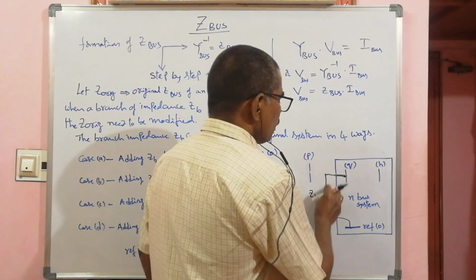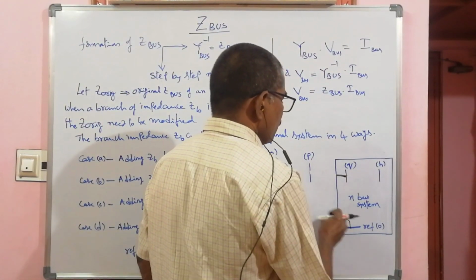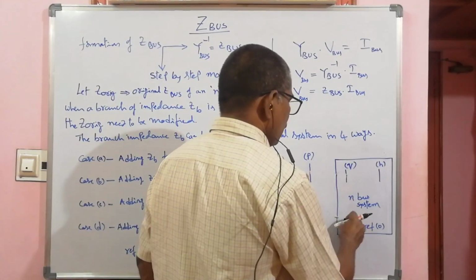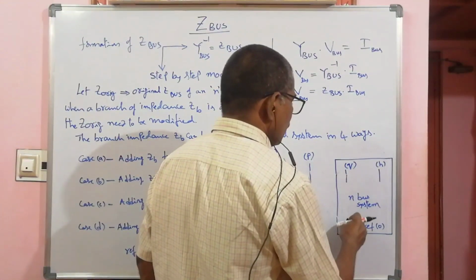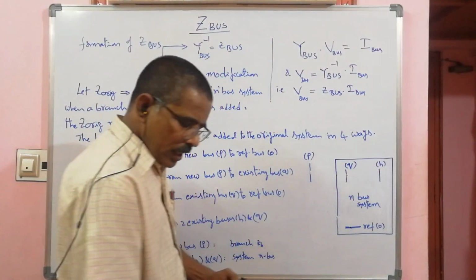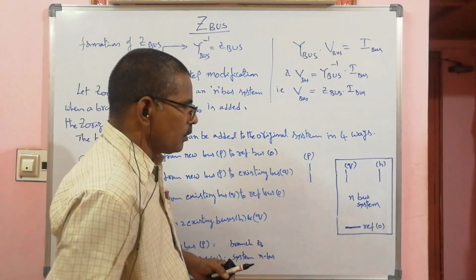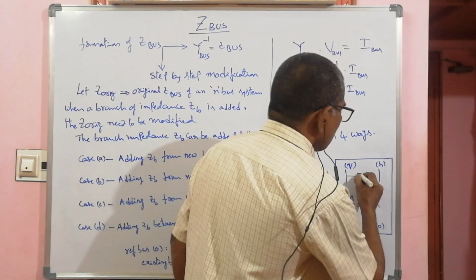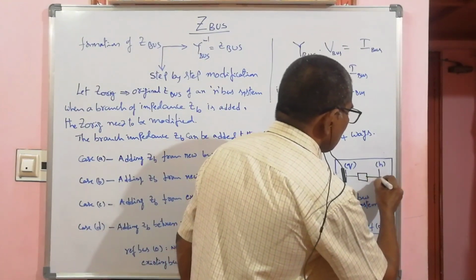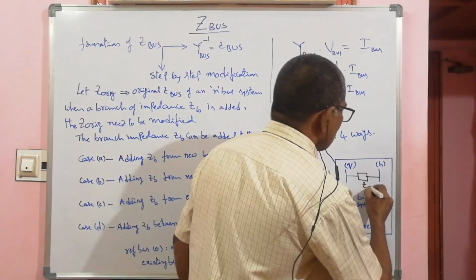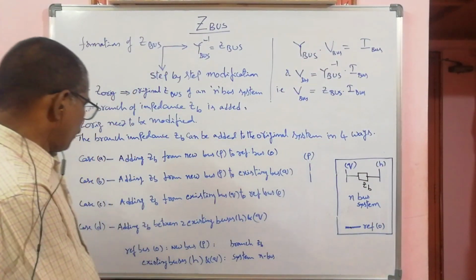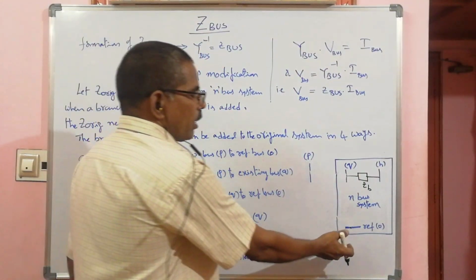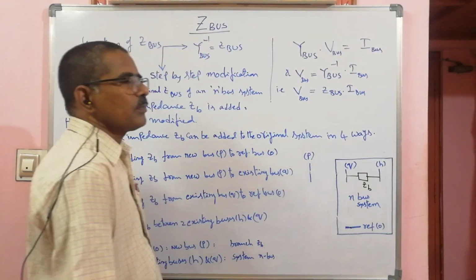So now case D is adding ZB between two existing buses. So this is ZB. Adding ZB between two existing buses, case D, the fourth case.